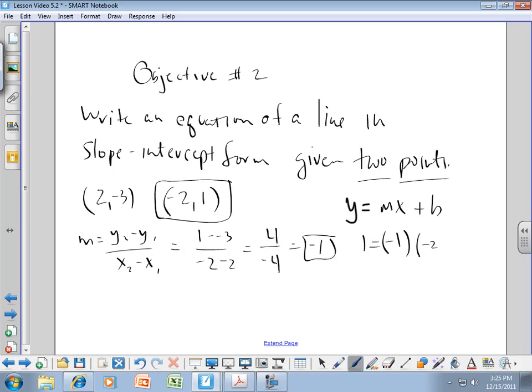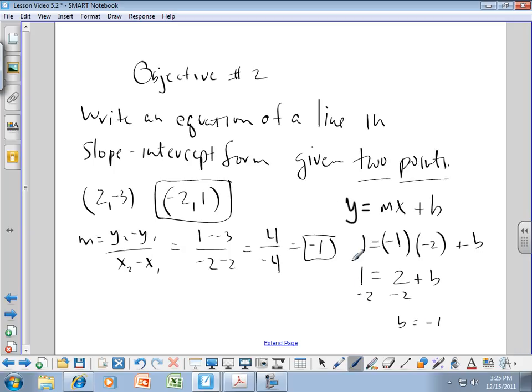Negative 2 plus b. 1 equals, what's negative 1 times negative 2? Positive 2. Very good. How do we get b by itself? Subtract 2 from both sides, and so b equals 1 minus 2 is negative 1.